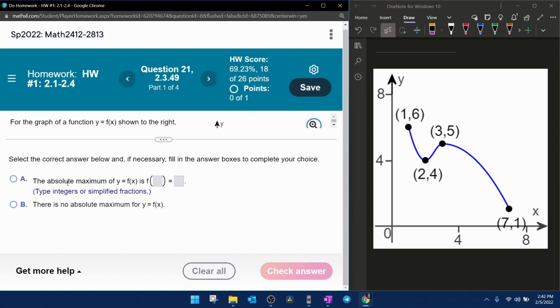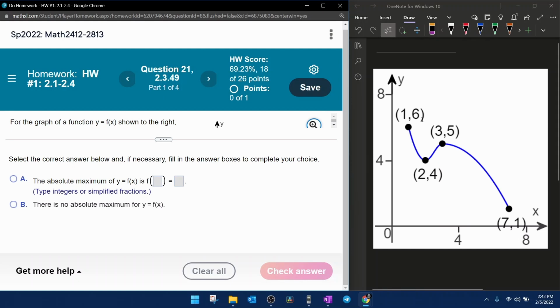We're going to start with the absolute maximum of f of x. Now, it says f of blank is blank. Remember, in the parentheses here is an x. F of x is y. So they're basically asking for the ordered pair where the absolute maximum occurs.